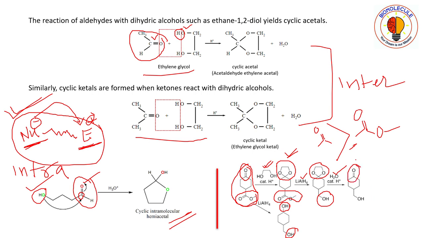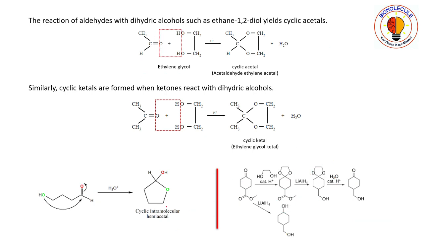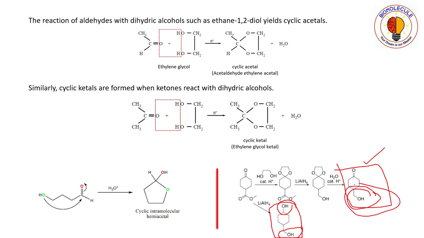So you can see here the final compound; compare it with the unprotected one. We are selectively reducing the ester to alcohol. In the one where we are not using the cyclic ketal, we are getting two reduced products, but in this one we are getting only one reduced product. So this is the advantage of protection.